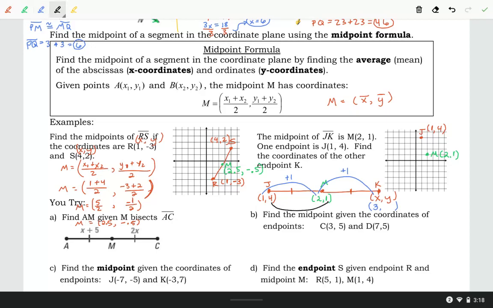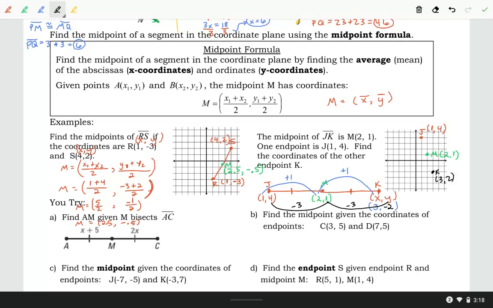Now to go from 4 to 1, we had to subtract 3, so we need to subtract 3 more. 1 minus 3 is negative 2. We're going to plot that point: 3, negative 2.